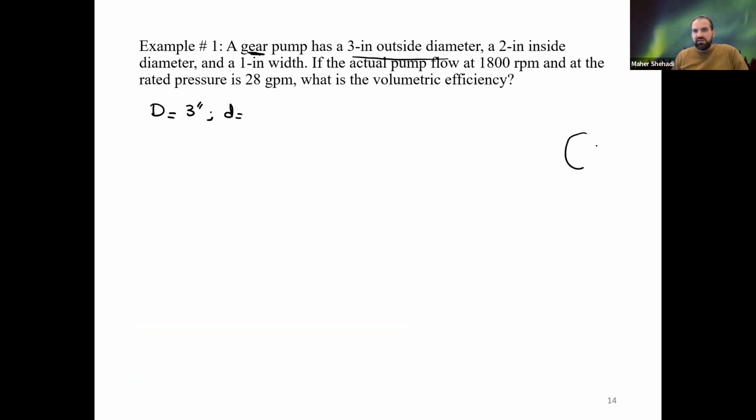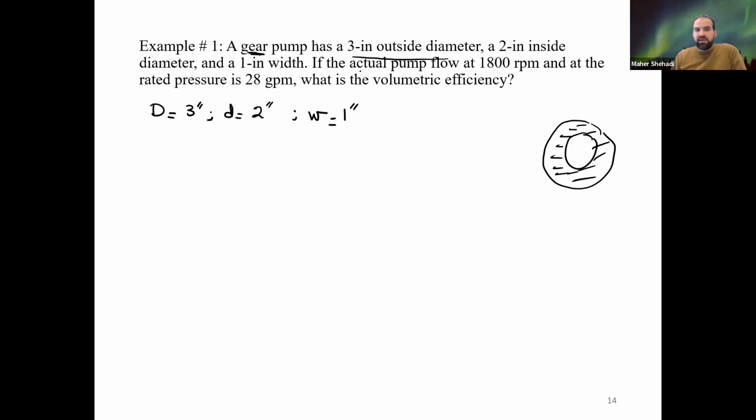There are two on both sides, but we said when we calculate the displaced volume, it's just pi over 4 times D outer squared minus D inner squared. And it has a width of 1 inch.